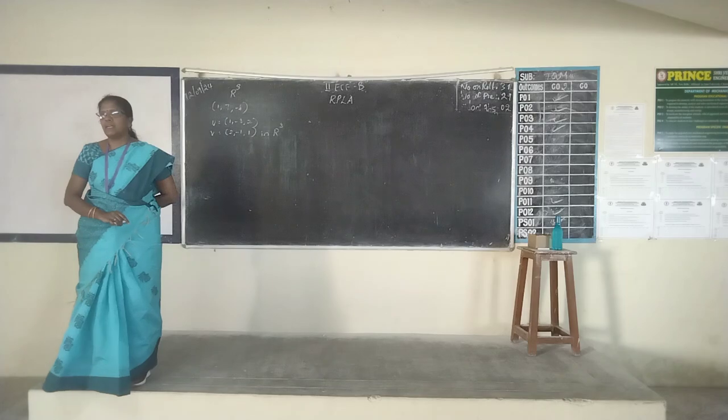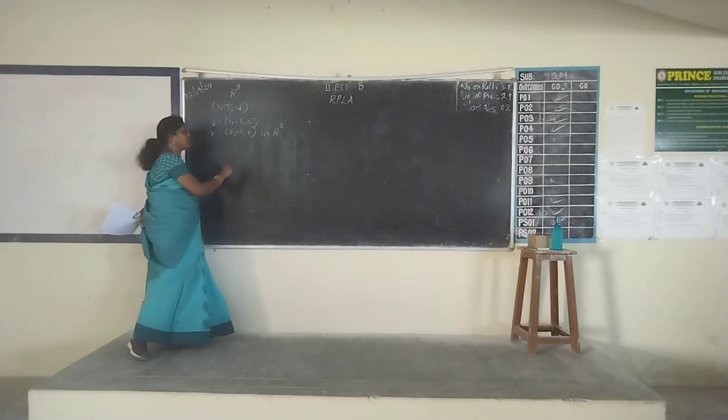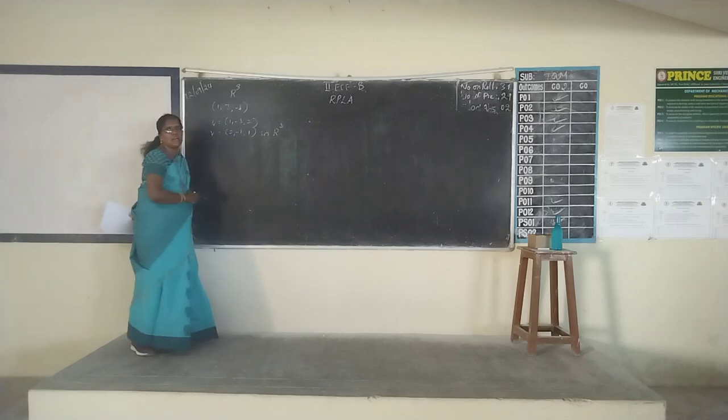So what you are supposed to check? You are given a vector, but identify whether this vector can be written as a linear combination of these two vectors.